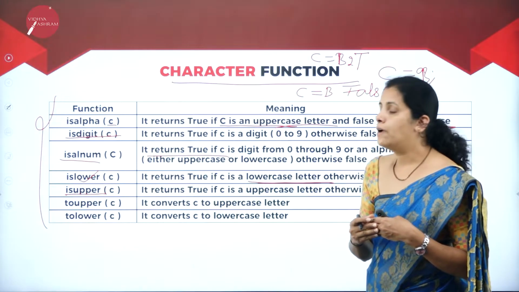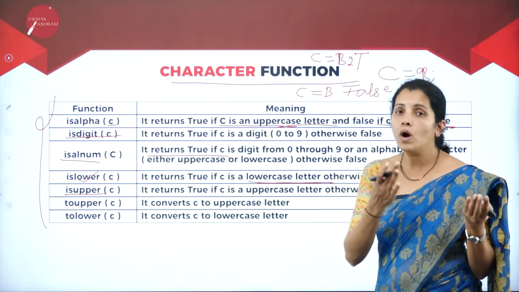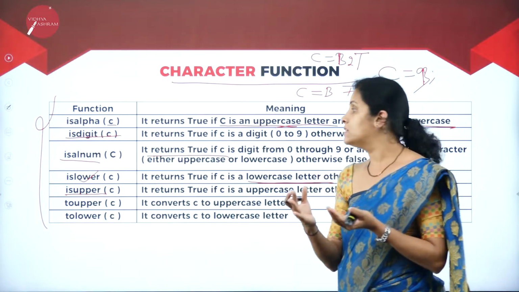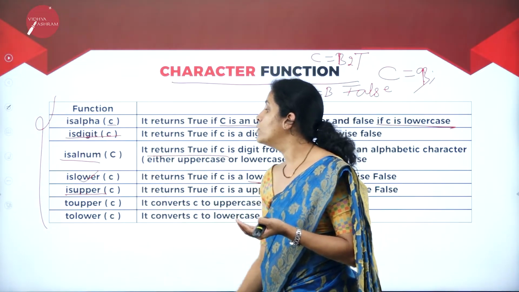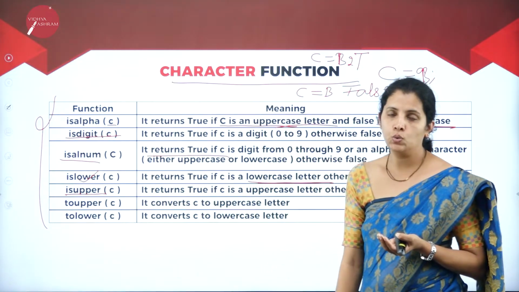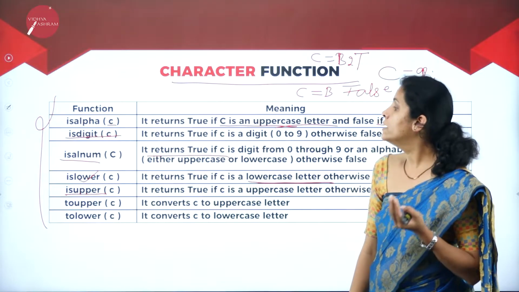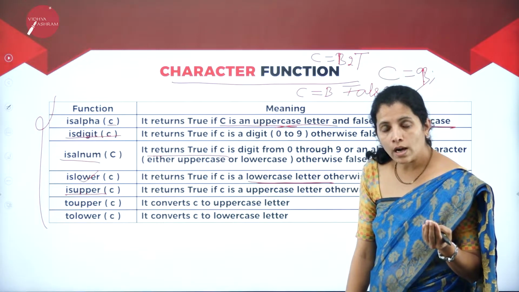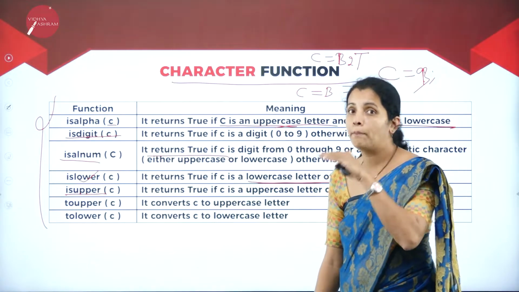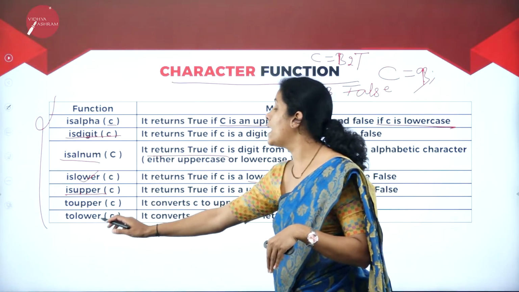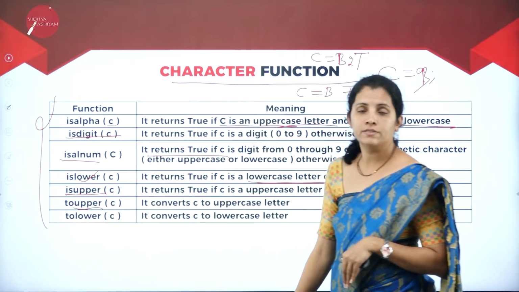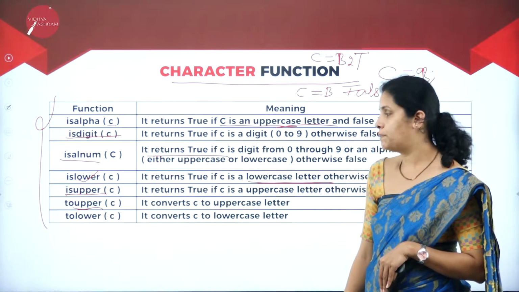And if I want to convert from one case to another, then I'm going to have toupper and tolower. Suppose you want to convert your character to uppercase, then you're going to have the toupper function.